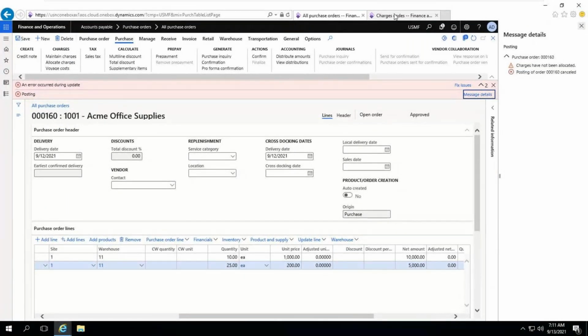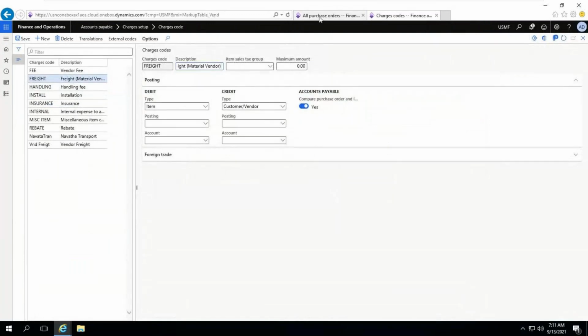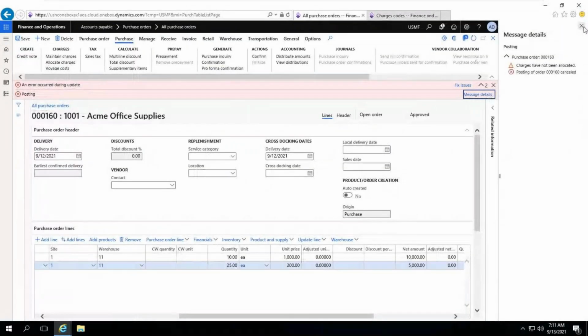So now I need to allocate these charges. How to allocate these charges? Now you need to click on allocate charges.